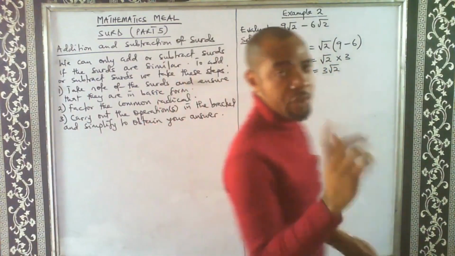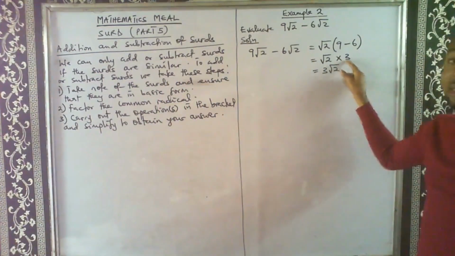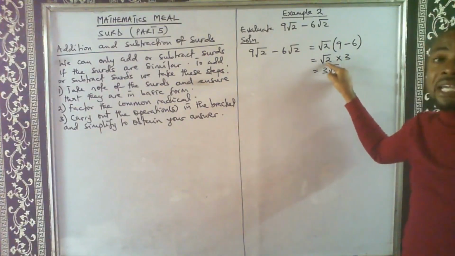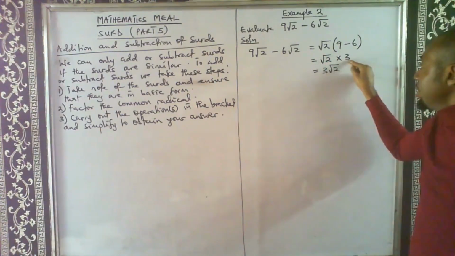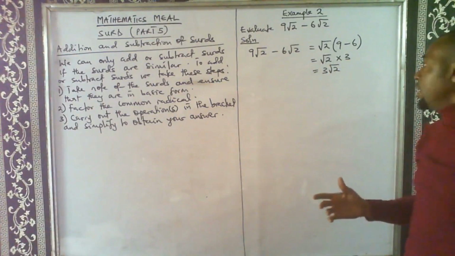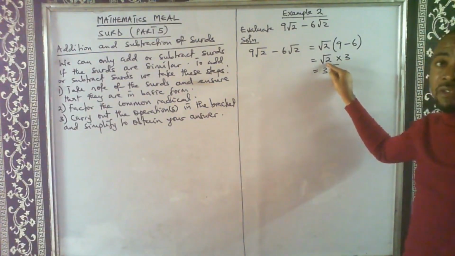Remember in our previous videos, I said it will be mathematically wrong for you to use a whole number to multiply a number in the root sign. You cannot say 3 times square root of 2 gives square root of 6. That's totally wrong, because this is in ordinary form, but this is in surd form.